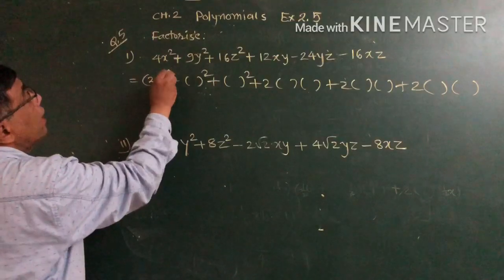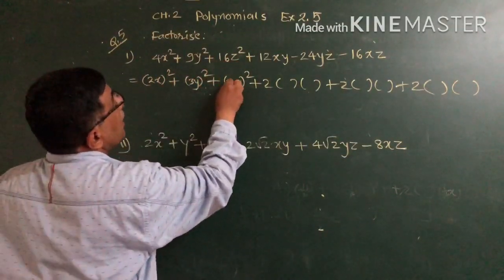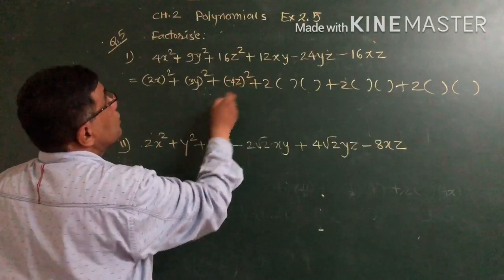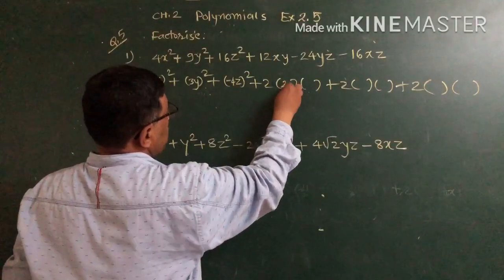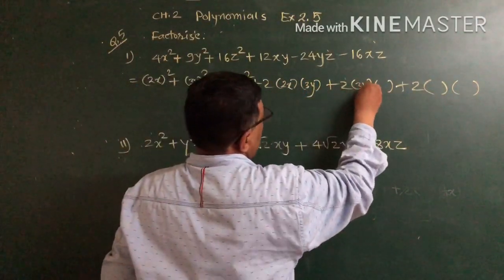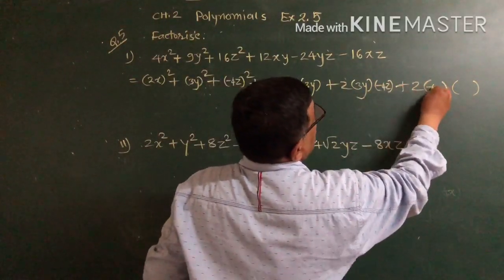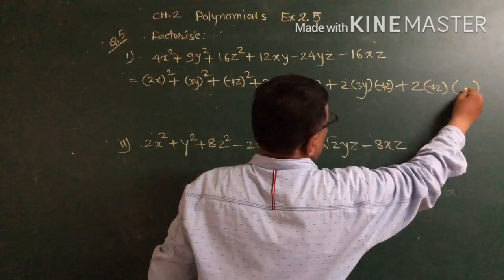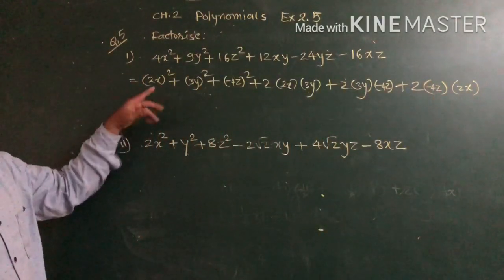So here is 2x, here is 3y, here is 4z but negative. So we write minus 4z. Now we know a, b and c. So we apply here ab, 2x and 3y, bc, 3y and minus 4z and ca, minus 4z and 2x. So the sum is already in this form.